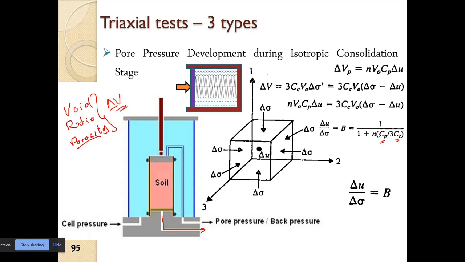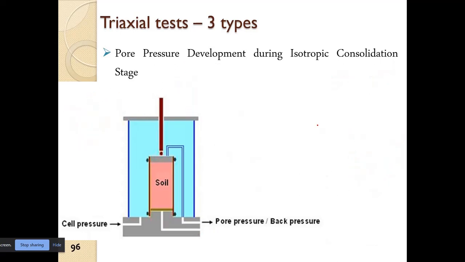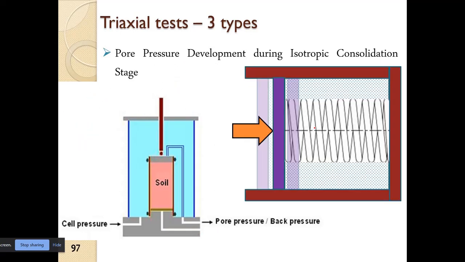So in that case, this value is very much smaller than 1, and therefore we consider B almost equal to 1 for saturated soils. For saturated soils. So that is the important part of the consolidation stage. All right.